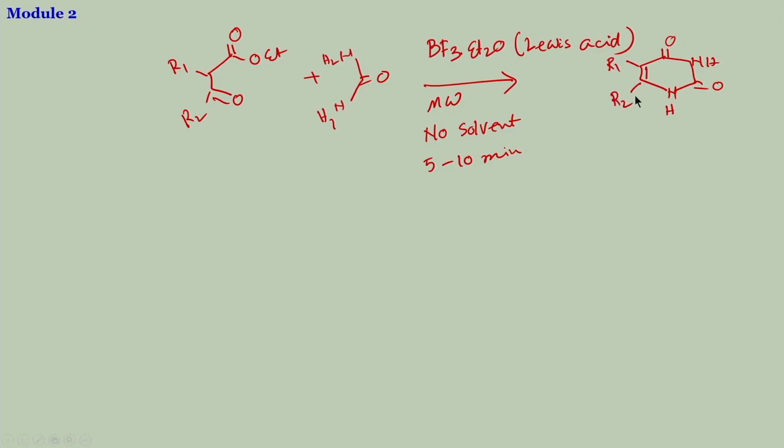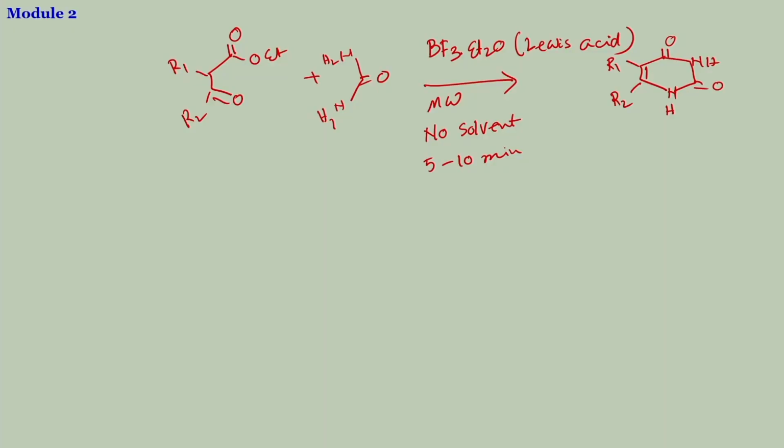R1 and R2, and you can have a lot of variations there. The reason you do not need solvent is that most of the time your starting beta keto ester is in liquid form, and urea is in solid form. So when you mix them together, they are immiscible because urea is solid and not soluble in this liquid.